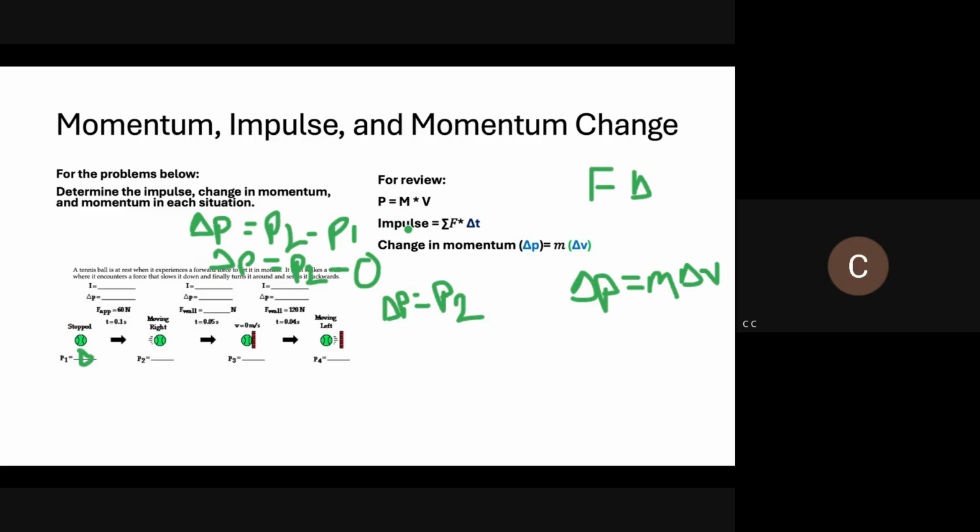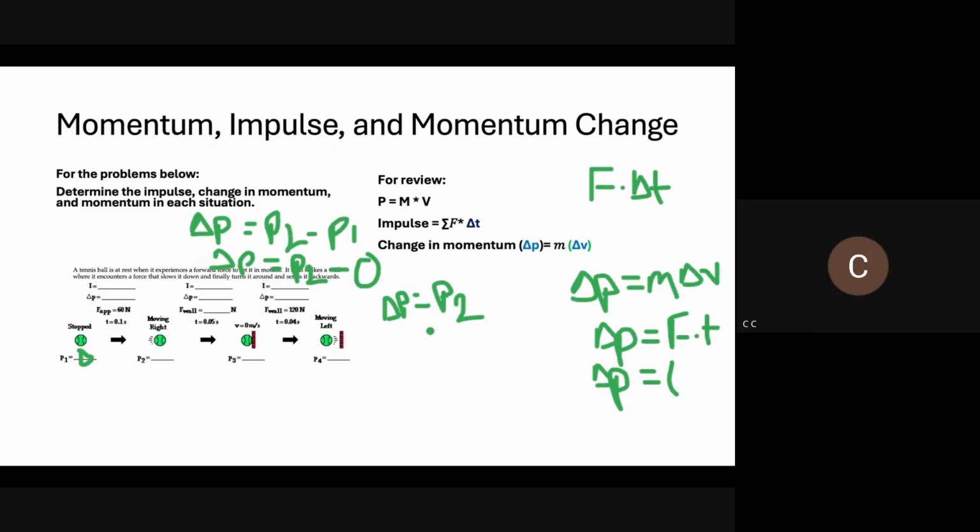What does force and time look like? Impulse. And impulse is also equal to what? Change in momentum. That's very key: impulse is equal to the change in momentum. So if I find the impulse, I should be able to find the change in momentum as well. So what is that force that we experience?